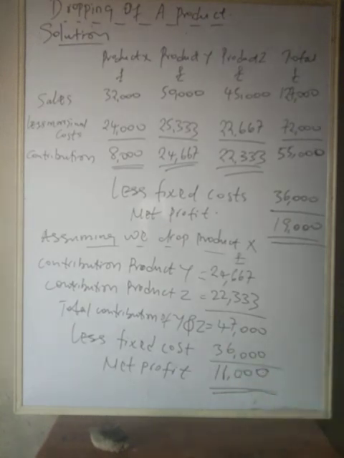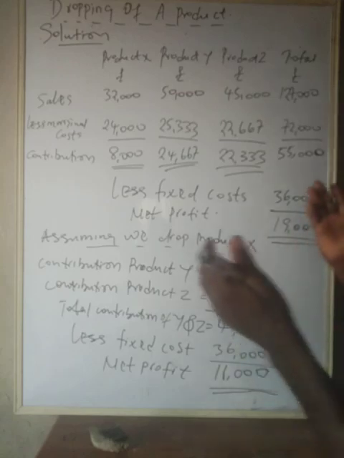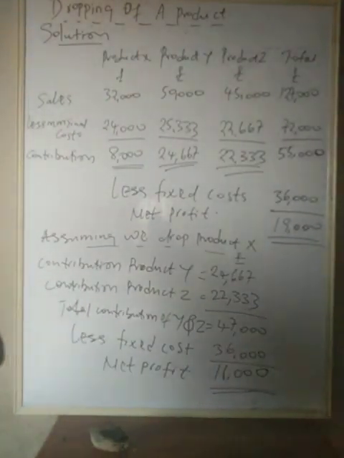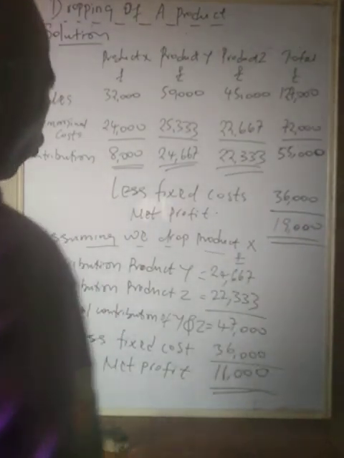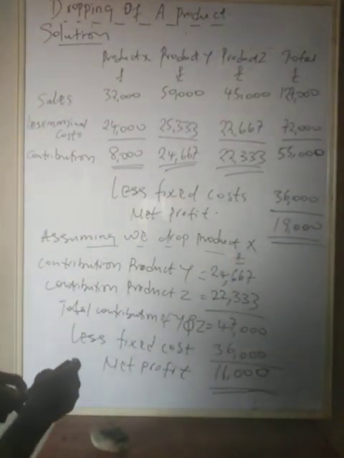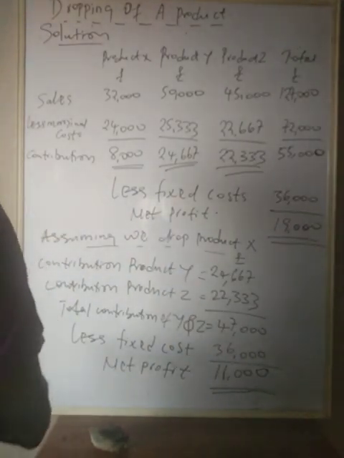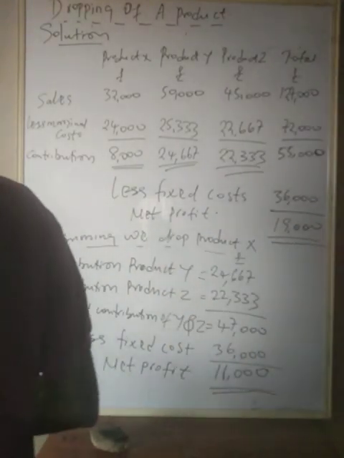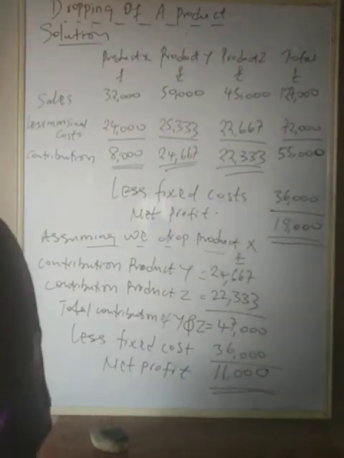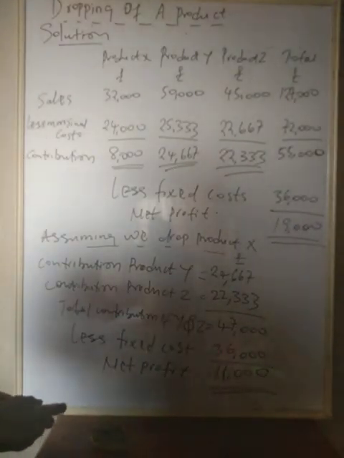So on the surface, from the question, the net loss of 4,000 means it is not worthwhile dropping product X simply because it gives a loss of 4,000 pounds.